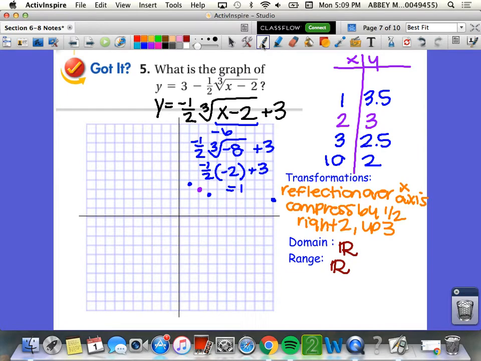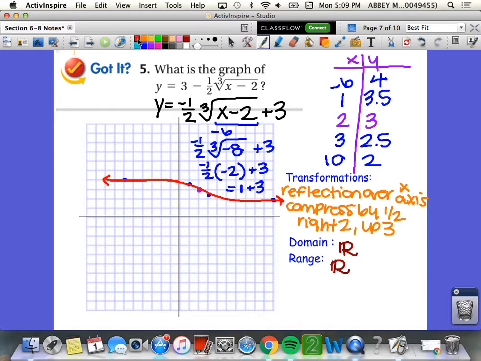So that gives me 1 plus 3, which gives me 4. So when I plug in -6, I get out 4. I have all of my points. I'm ready to graph.